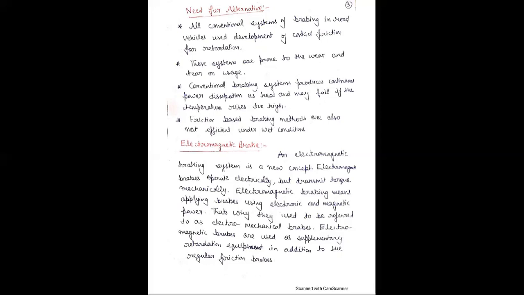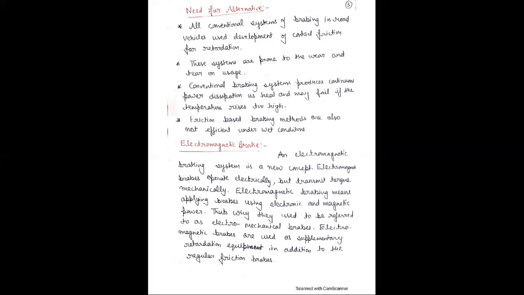Third, the conventional braking system produces continuous power dissipation, meaning continuous power loss in the form of heat. And this braking system fails if the temperature rises too high. Fourth, these friction based braking systems are also not efficient under wet conditions, because we know that under wet conditions friction is very low.